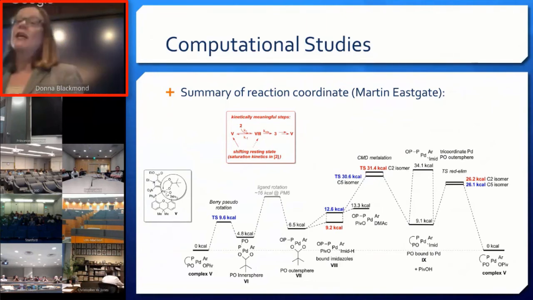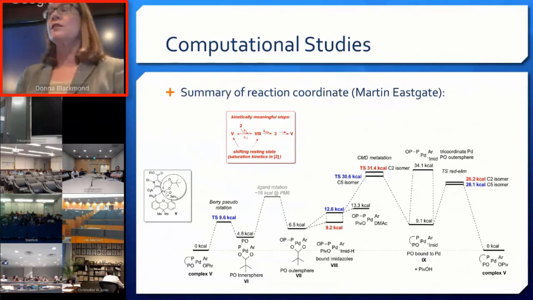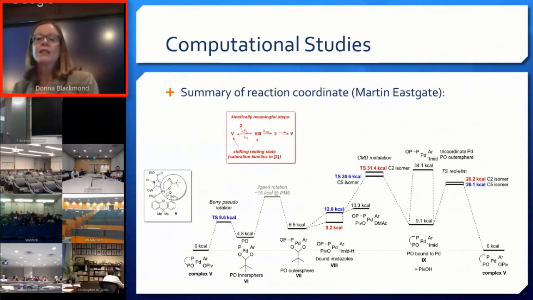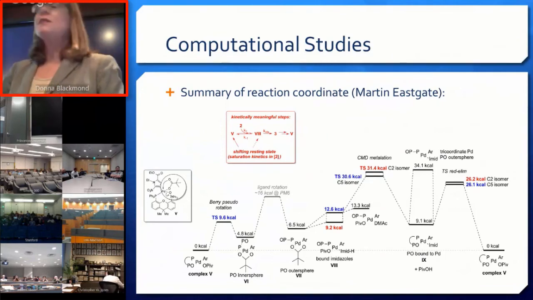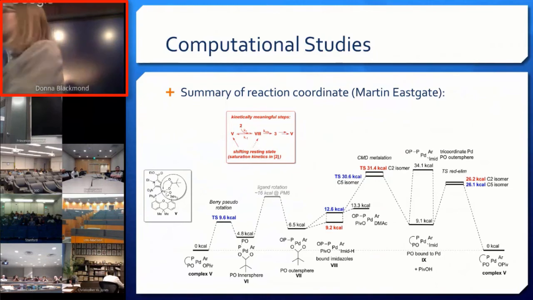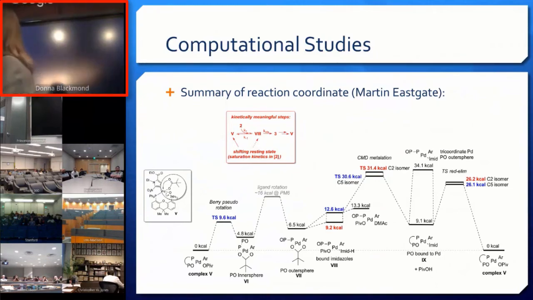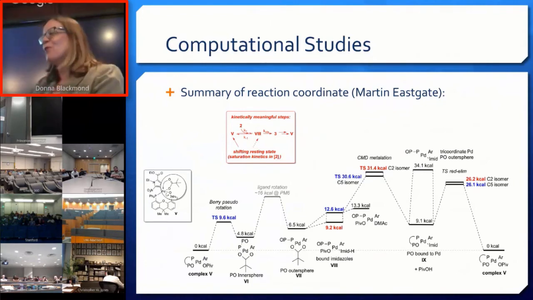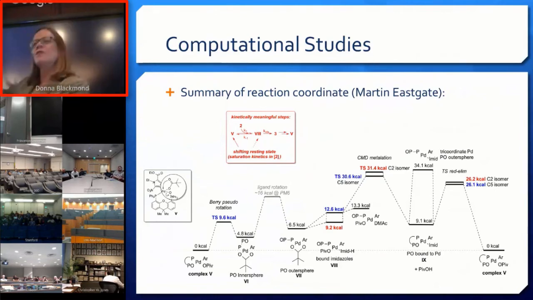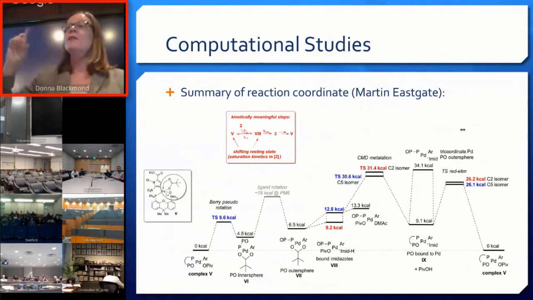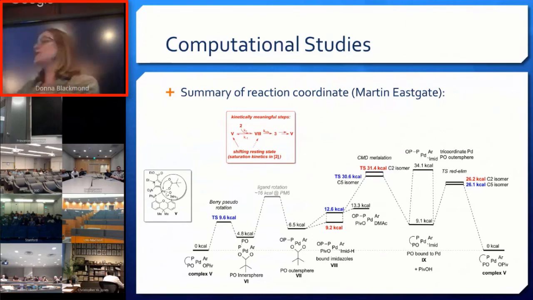So one thing that we can do if we want to think about the rest of the cycle is computational work. And Martin Eastgate at BMS basically just completed the catalytic cycle. And you can't really see much of it here, but it's really a beautiful story. It's like a ballet, really. We have this hemilabile phosphine oxide coming on and off as it needs to open up a site, coming back down when it needs to, and then the same thing with the pivalate. The pivalate comes on, things rotate to let the substrates in.